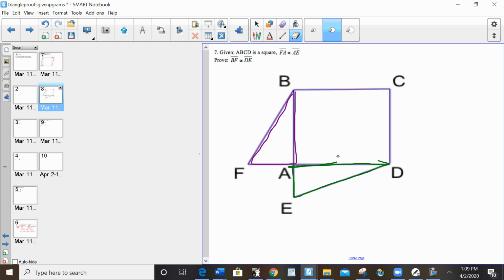So what property of the square is going to help you with those triangles? I'm going to give you about 30 seconds. As a hint, there's only one property of the square that's going to help you with those triangles in this particular example. Again, you're trying to determine what property of the square is going to help you with those triangles.